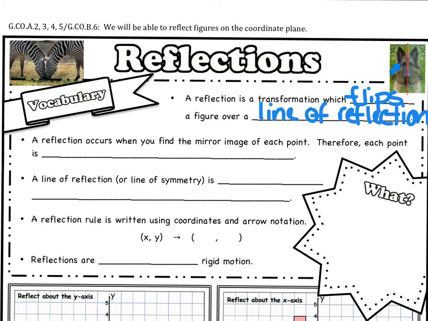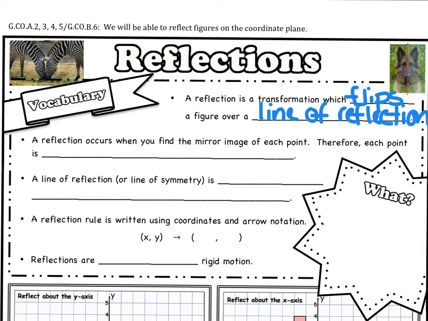So everything is going to look the same on the left side as it does on the right with your reflections. Same thing with the zebra. Even though there isn't a line here, we can draw in a line that would create a reflection between the two zebra here. So our second bullet says a reflection occurs when you find the mirror image of each point.